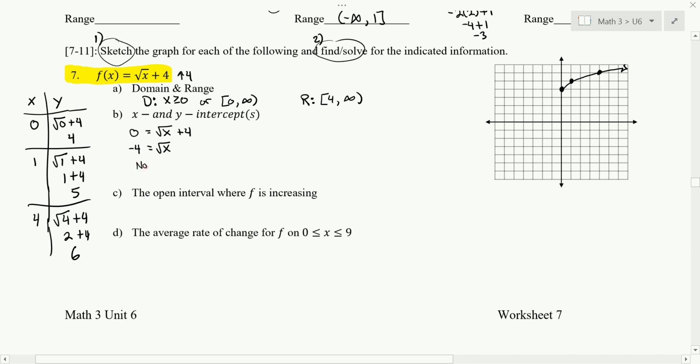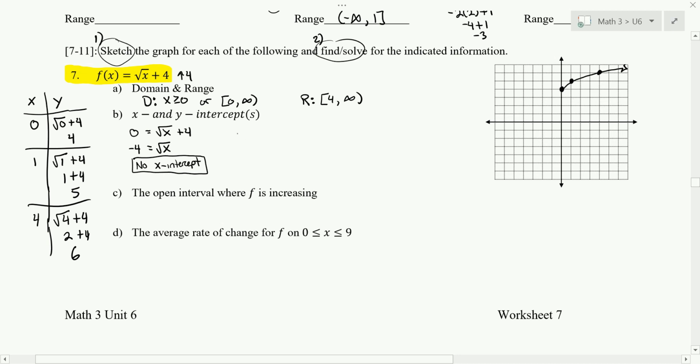It has no solution. And so what this is saying is that we have no x-intercept. If we look at our graph, we could see why. This thing will never cross the x-axis.